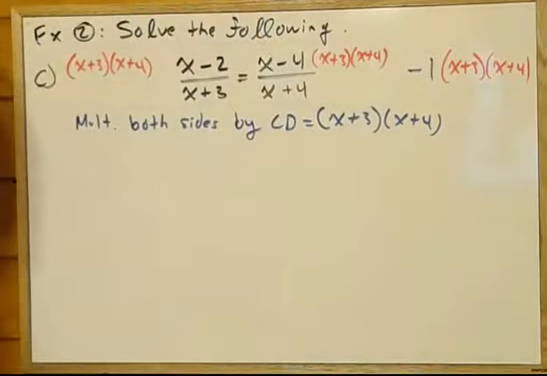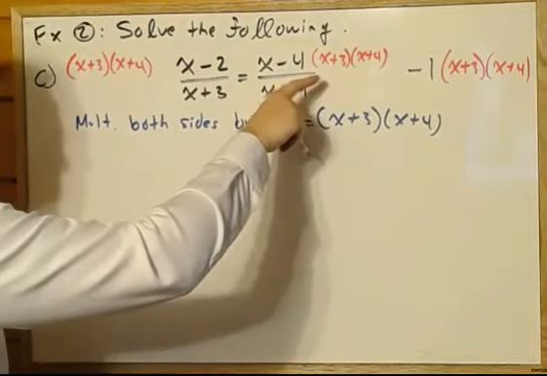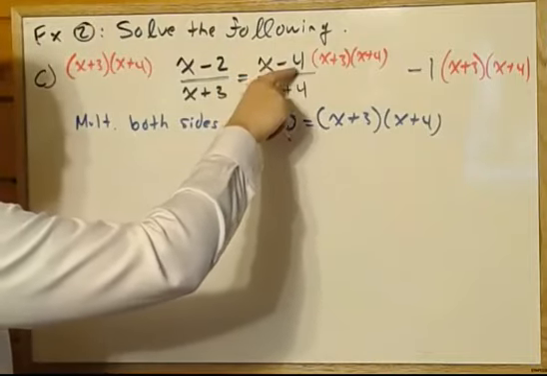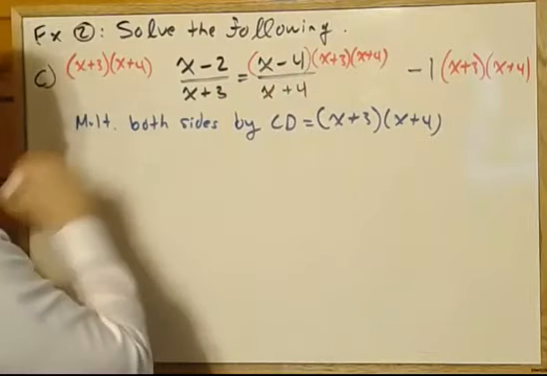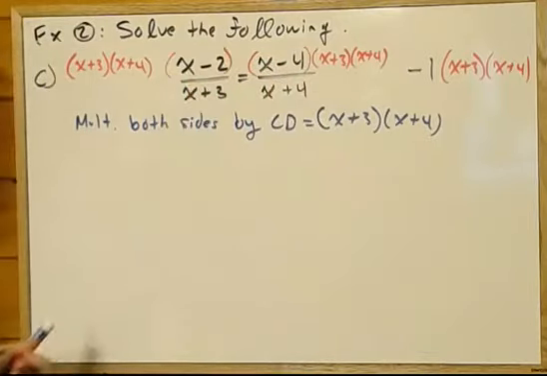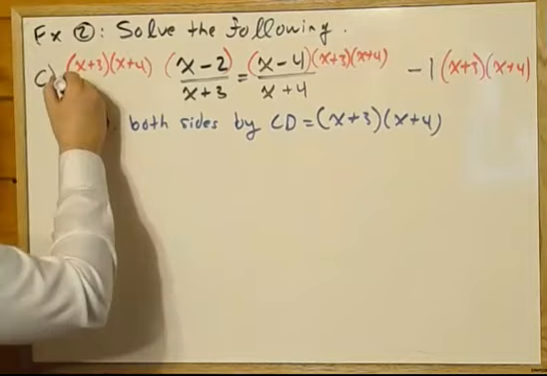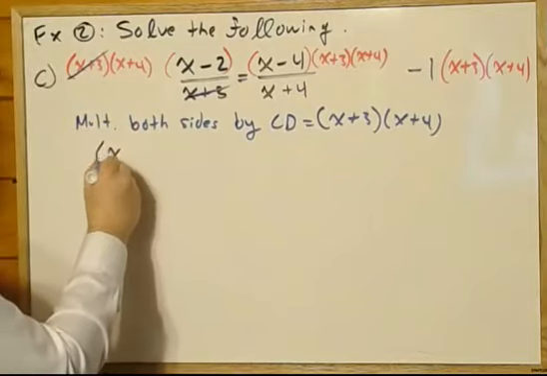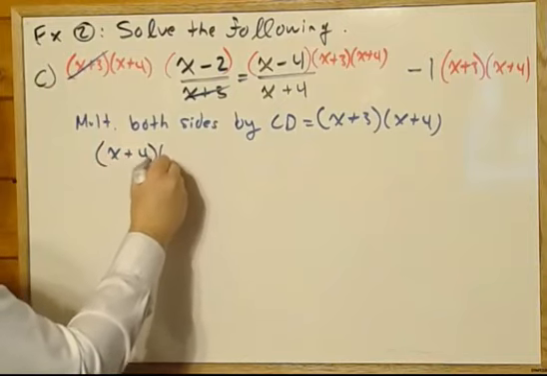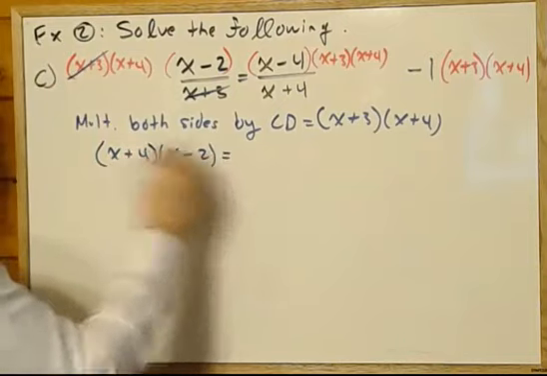A small note of caution, sometimes when people write this out, they write this as x minus 4, and then it's just the negative 4 that is multiplied. We're saying that it's the whole thing in the numerator for clarity purposes. Okay, so here what survives on the left? Well, the x plus 3's don't. So we're left with this x plus 4 times x minus 2.